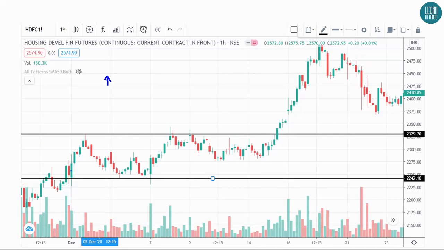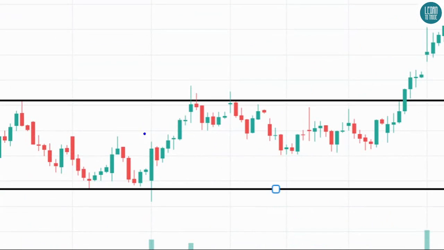And in this balanced auction, the first attempt from the buyers failed, no further follow through, price reversed back, and even sellers failed. Okay, and at this point, look at this candle which is getting developed here, it is very important.